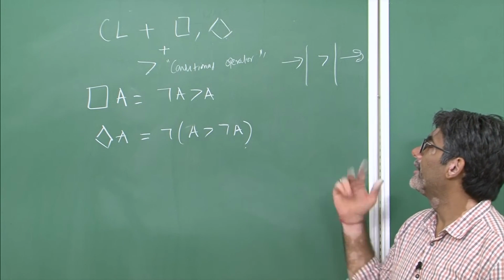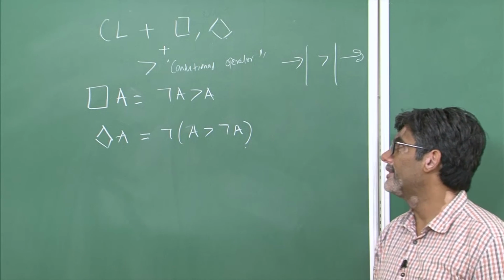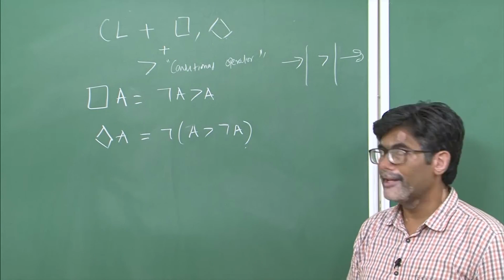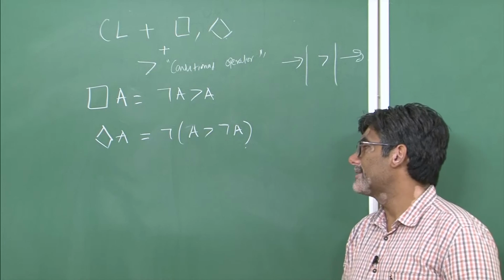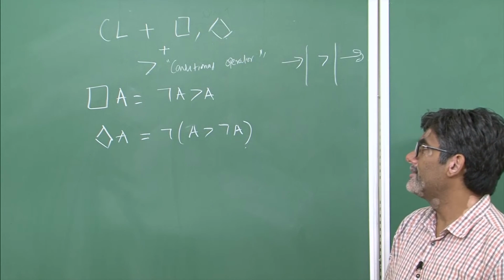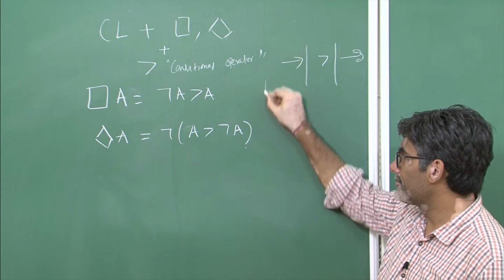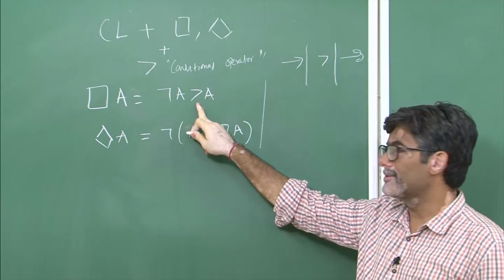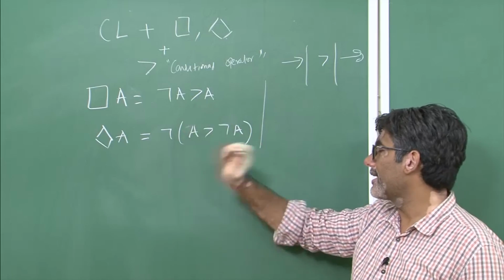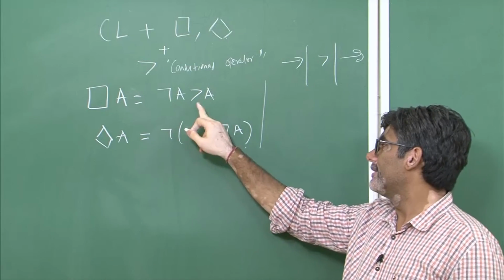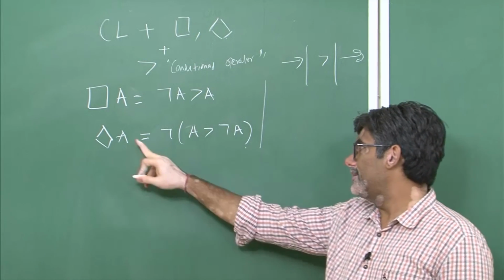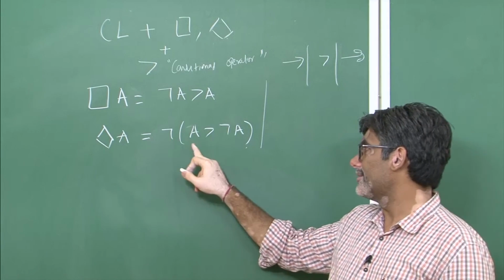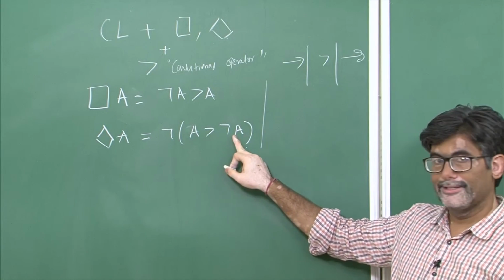So we need a different kind of connective, and we are trying to see the logic of these conditional statements. Another important thing to note is that necessity of any proposition can be expressed in terms of this conditional connective like this: not A implies A, and possibility of A is expressed as, it is not the case that A implies not A.